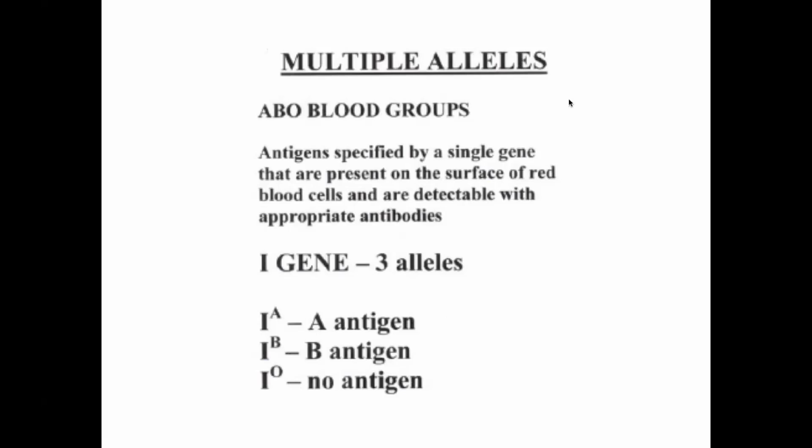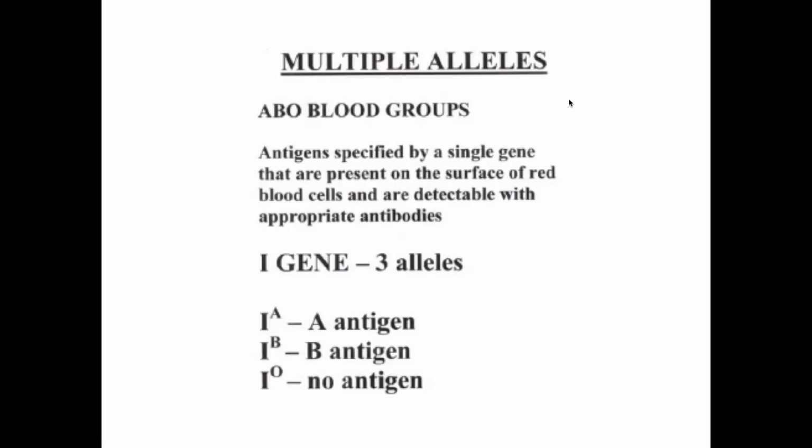There are some genes for which you can identify more than 100 different allelic alternatives for that single gene. So that's the reality, and this is the first example of that. In this case, for the I gene, there are three alleles. You have the I superscript A, which produces the A antigen, which in a homozygous condition would produce the A blood type.